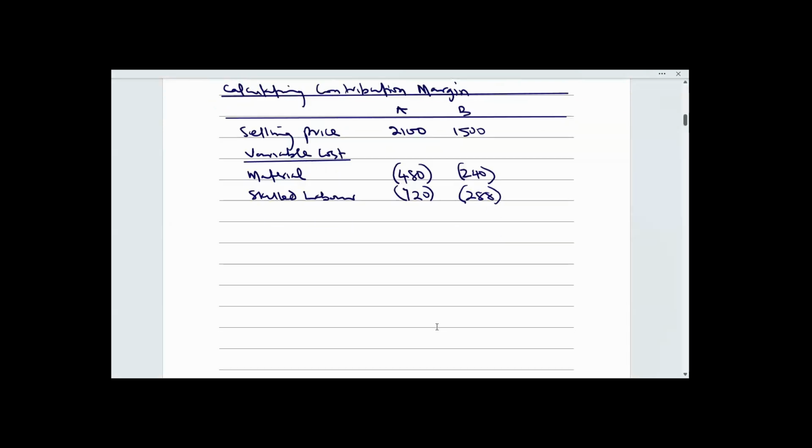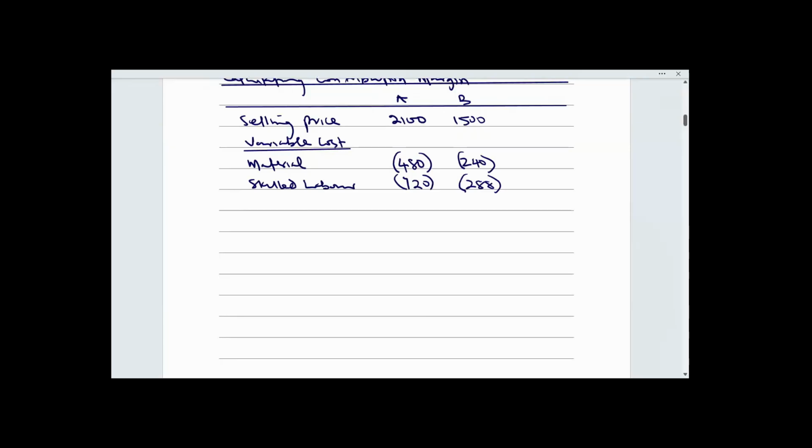All right. Next one. I have unskilled labor, 120, then 180. Unskilled labor: 120, then 180.